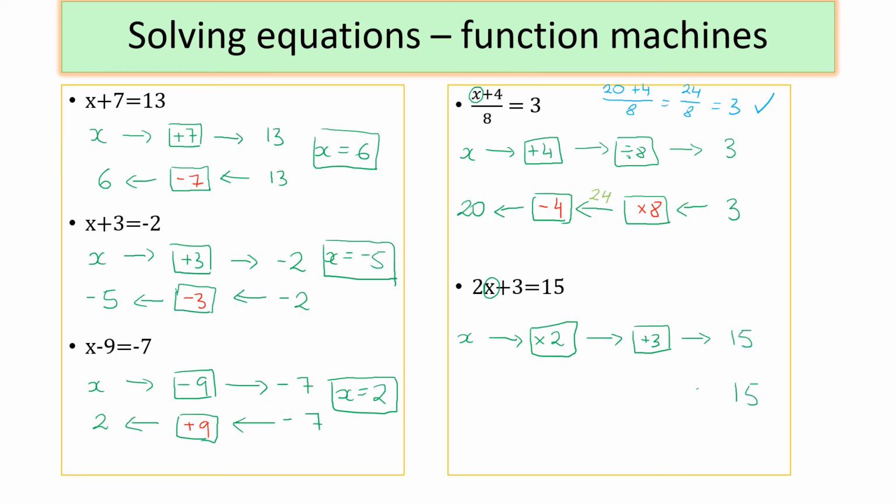Then when you go backwards, you also need to do it in the opposite order. So first, you're going to take away 3, because that's the opposite operation. 15 take away 3 is 12. So at this point, my answer is 12.